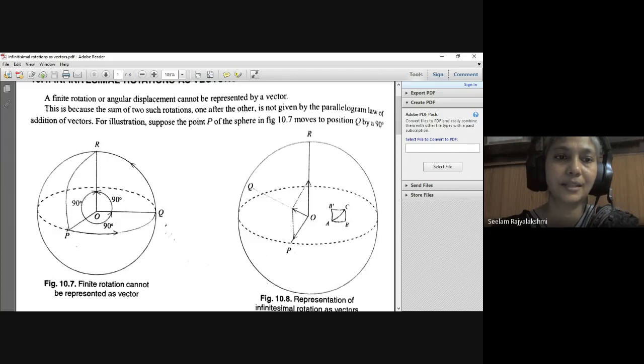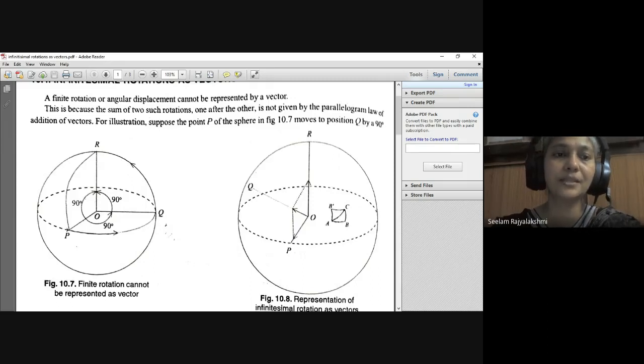Here let us consider a sphere, and this is the origin O, and we have a particle at a particular point P. The particle moves from P to Q about OR, that means OR is fixed, by 90 degrees, and after that the particle moves from Q to R, again a rotation of 90 degrees about OP.